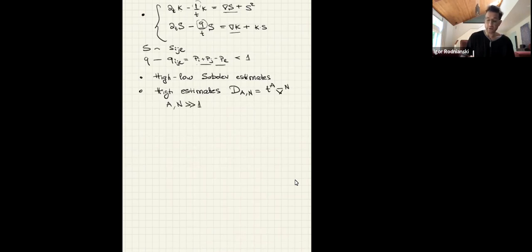But very importantly, n itself is much bigger than a. So we're going to apply DAN to the system star. We're going to commute this through our equations and try to control DAN applied to both K and S and prove Sobolev estimates on these quantities.